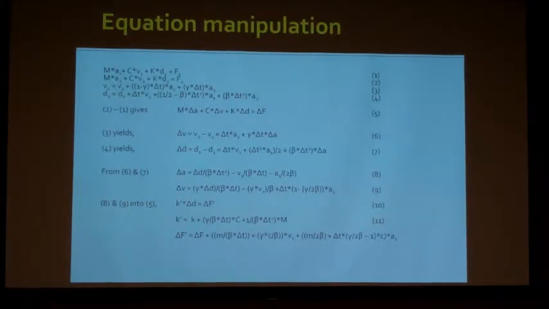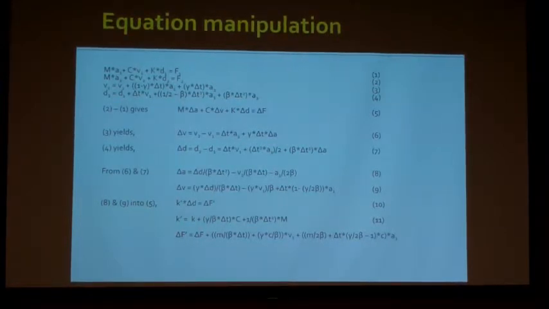Obviously we have equation 1 and equation 2 back up top. Equation 3 for the second velocity, and equation 4 for the second displacement. So if you do 2 into 1, it gives you basically the change in all of those: acceleration, velocity, displacement, and force.